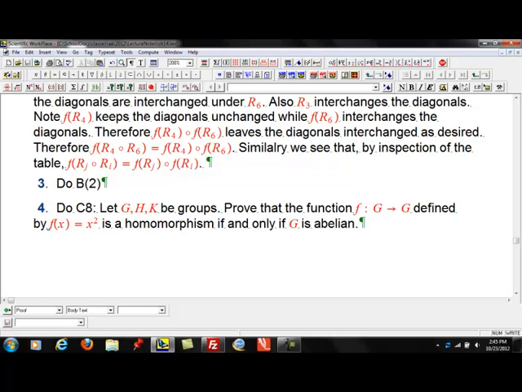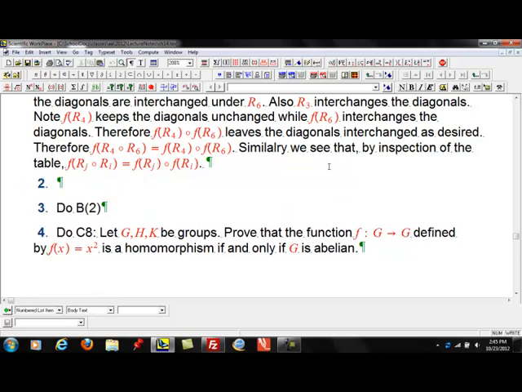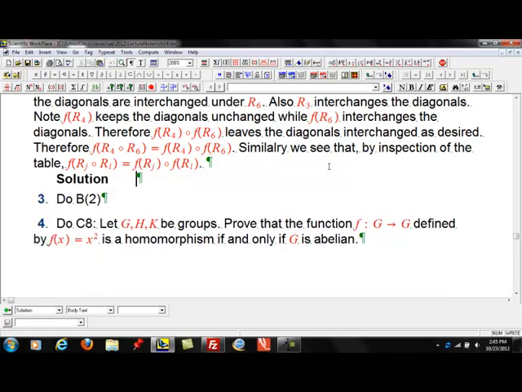Let me get back to the right page here. And that's kind of like your number 4. Notice one thing I haven't done yet on this. Don't forget that you have to do this part. And that is, what is a kernel? Everything that F maps to the identity. So we have to figure out what all gets mapped to the identity.